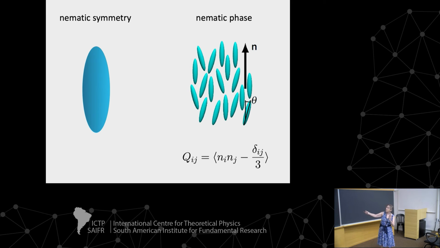They're all more or less pointing the same way, but there's no positional order. If I looked at the center of those molecules, there wouldn't be any pattern to it like there is in a crystal. So this is a phase transition, if you like. Molecules are completely isotropic at high temperatures. Cool them down a bit, they become nematic. Cool them down a bit more, they do all sorts of funny things which you're not going to worry about.